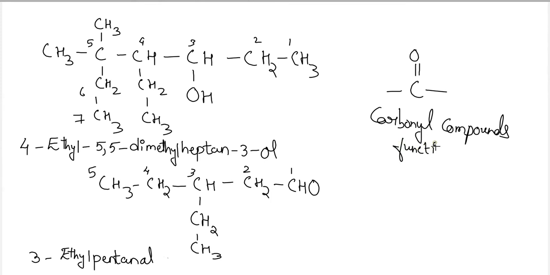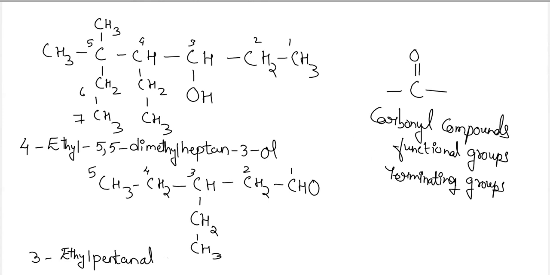Carbonyl functional groups are generally termed as terminating functional groups also, because they generally end or start the chain. Therefore we can omit the position in the naming process for carbonyl groups, but in other functional groups we have to use the position in the compound name.